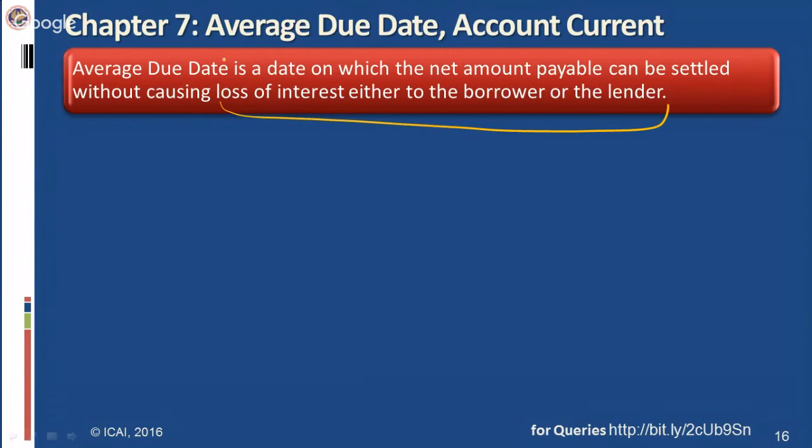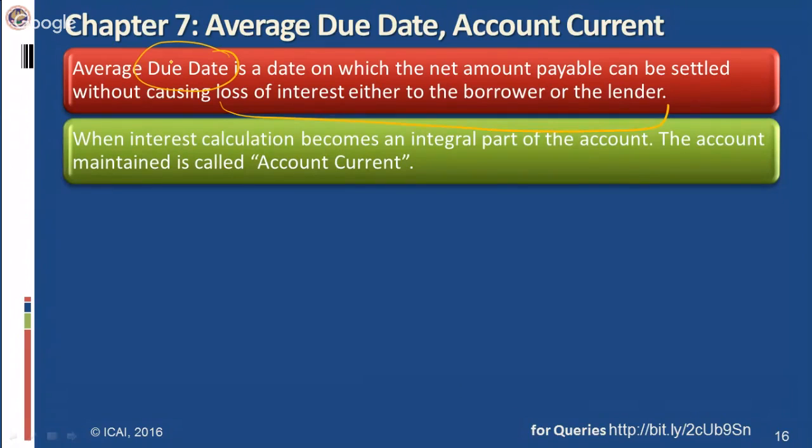You have to calculate the due date of the transaction, so there should be no loss to either party, either the borrower or the lender. When interest calculation becomes an integral part of the account maintained, it is called account current. So basically, the same concept of average due date is applied in the problems on account current.